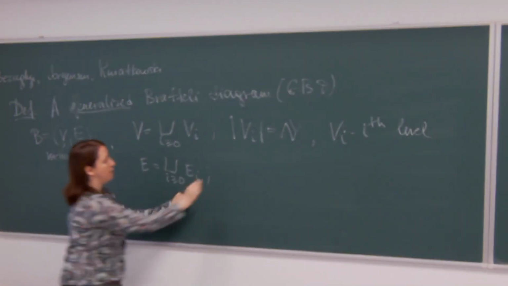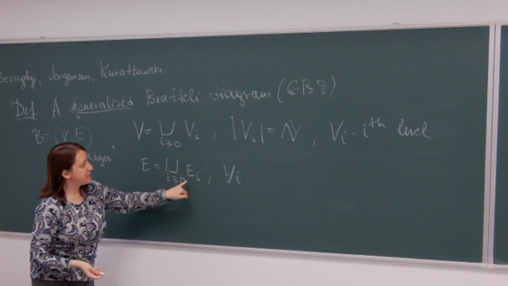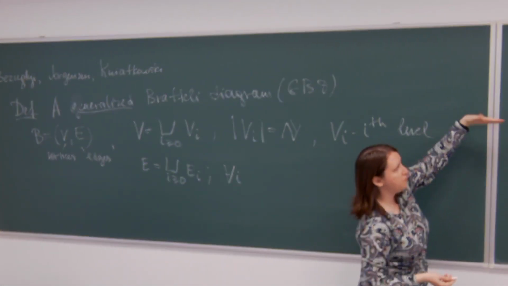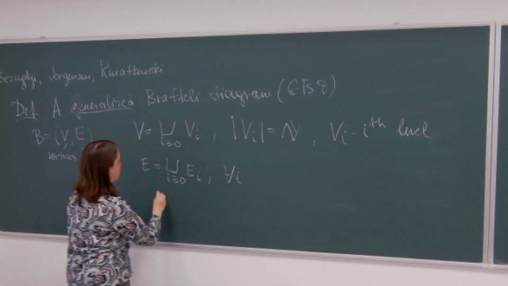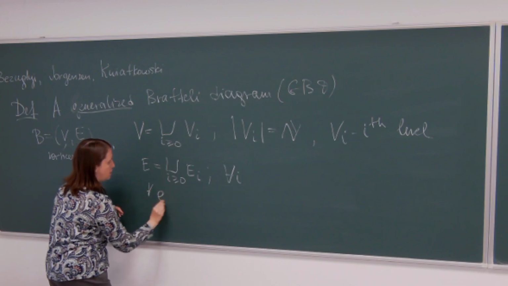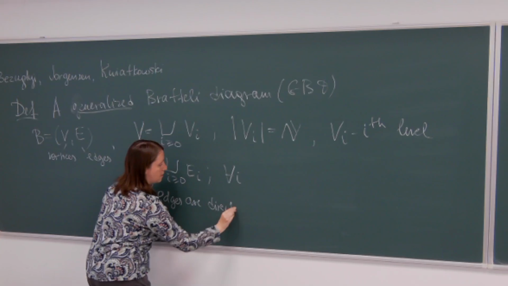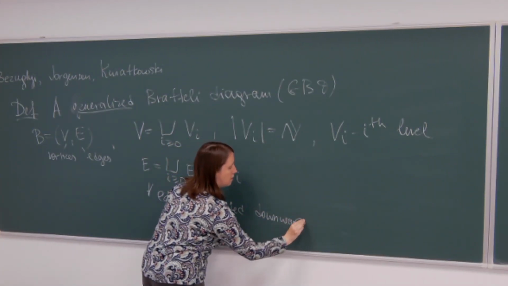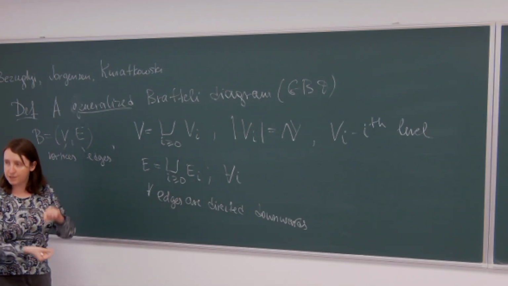For every i, the edges from the set E_i are drawn between vertices from V_i and V_{i+1}. So we assume that all edges are directed downwards. Each edge has a source and a range.